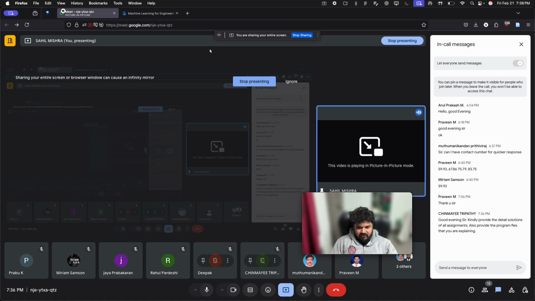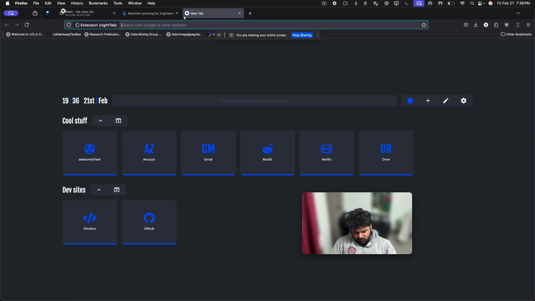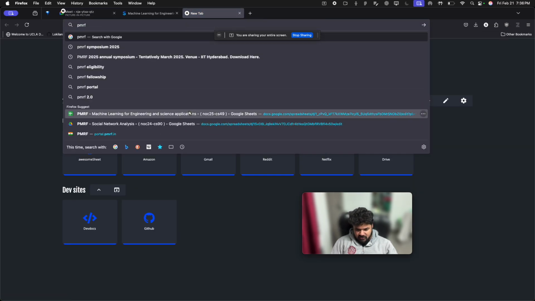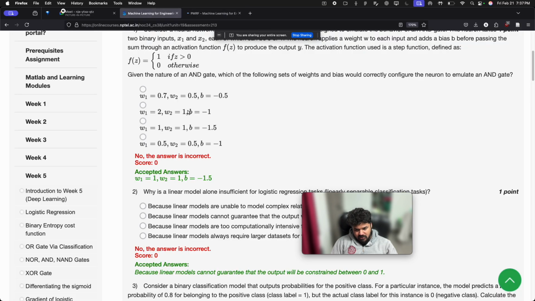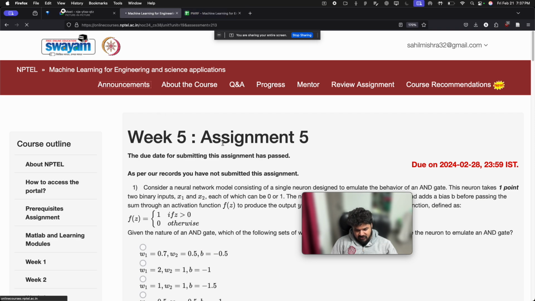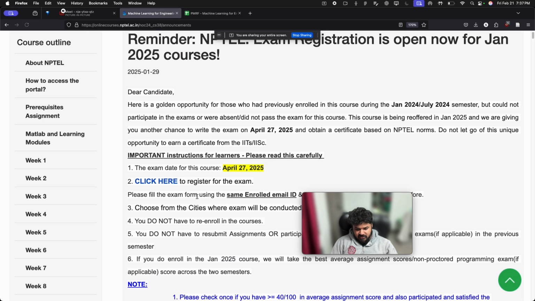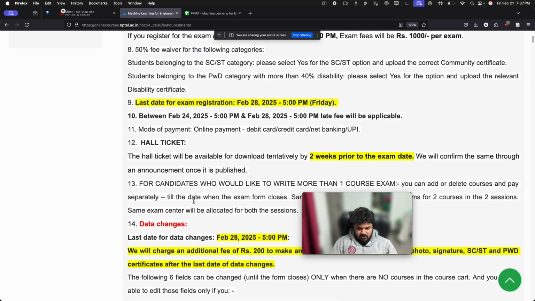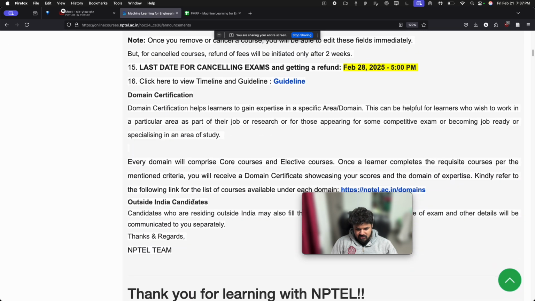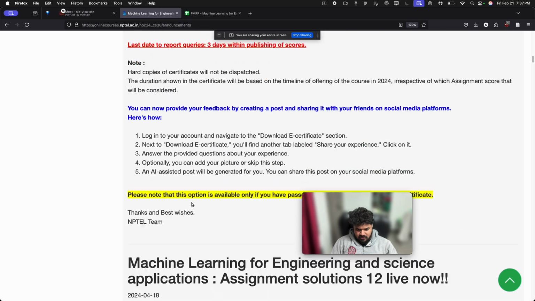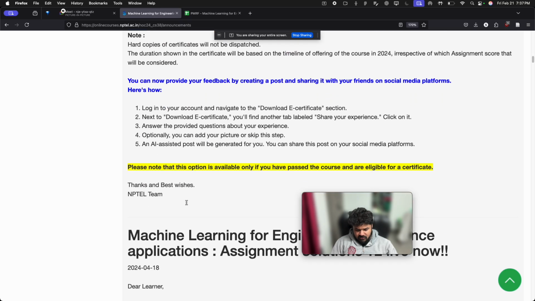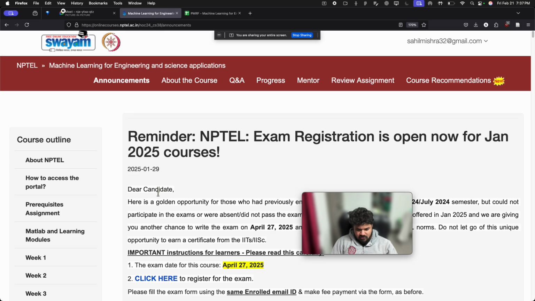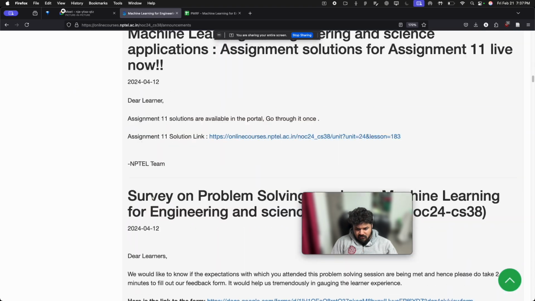I have provided the assignment files here. I have just shown this Excel sheet. Whatever program I write, it's uploaded here only. This sheet is shared with you in the announcement section every week.